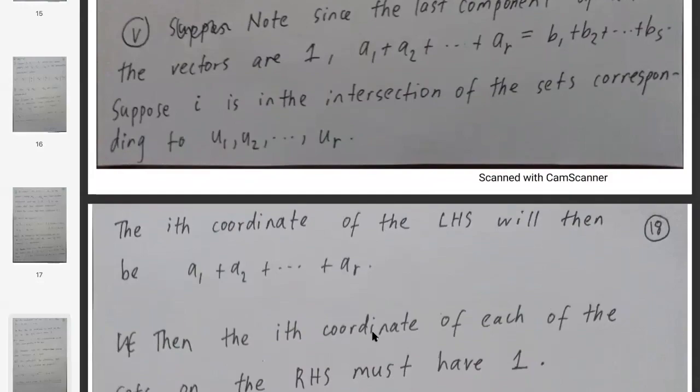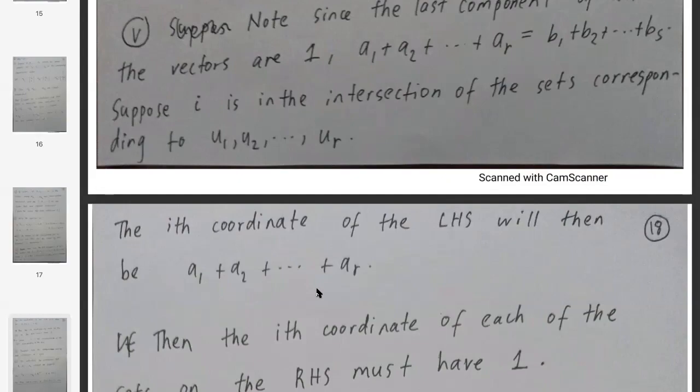That means the value there will be some real number which is smaller than b1 plus b2 plus bs, because one of the bi's has been missed out. But then that number will be smaller than a1 plus a2 plus ar, because we had the condition that their sums are equal. So that implies that this is not possible, and the ith coordinate of each of the sets on the RHS must have a 1.